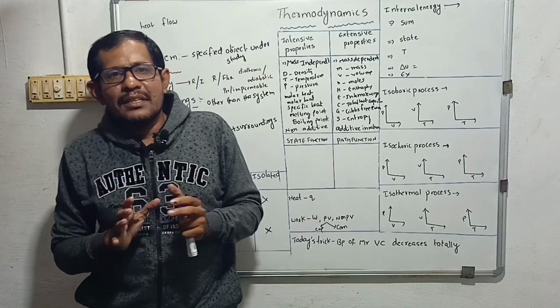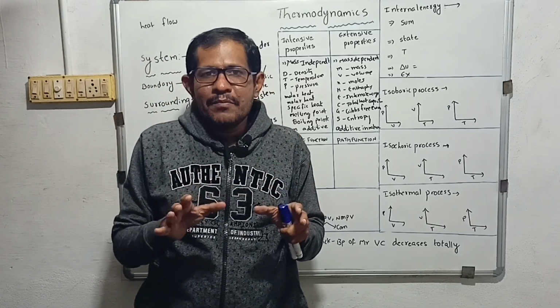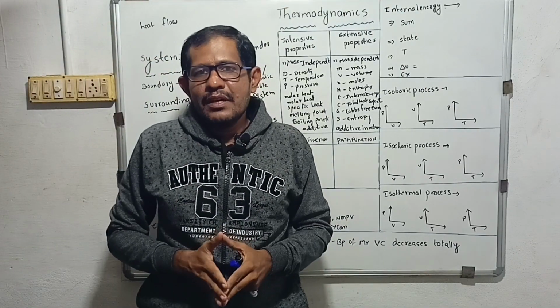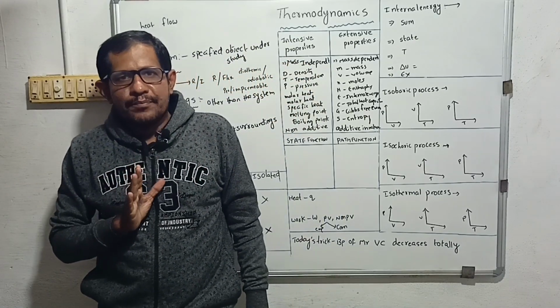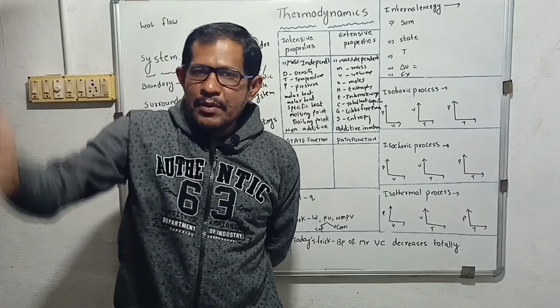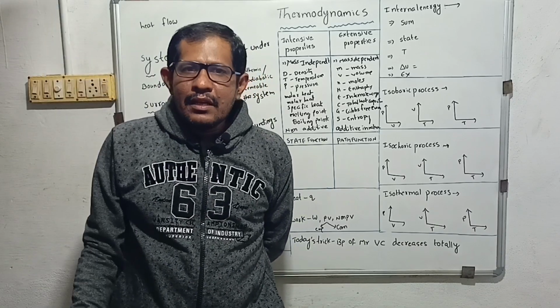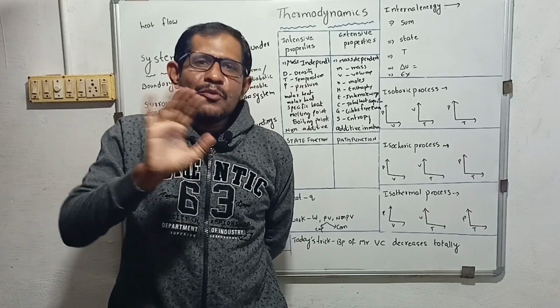Now take pressure. Atmospheric pressure everywhere is the same. Suppose there is a room and the room pressure is 1 atmosphere. By keeping a wall in that room, dividing the room into 2 parts, the pressure won't change.